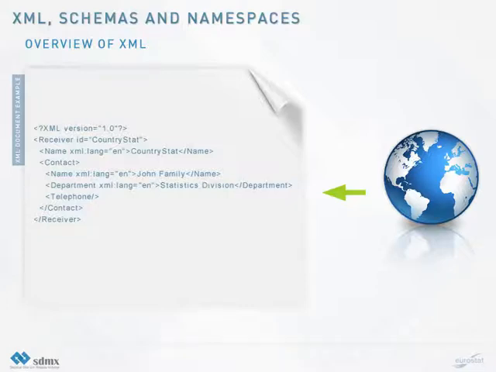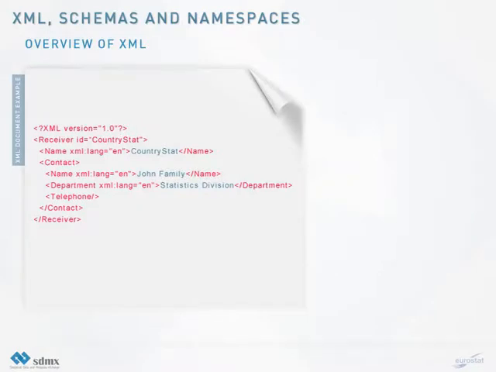Like HTML, XML uses tags to describe content. However, rather than focusing on the presentation of content, the tags in XML describe the meaning and hierarchical structure of data. The XML syntax uses matching start and end tags to mark up information.